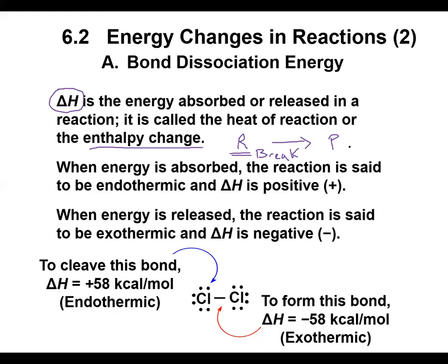And on the product side, we have to make a whole bunch of new bonds, right? So it's really a process of breaking and making in terms of energy. And basically the difference between all the energy required to break the bonds and all the energy required to make the bonds will give you the overall delta H for that reaction.